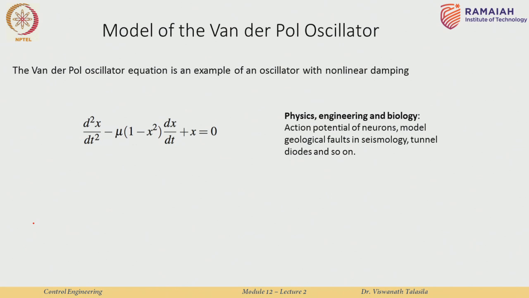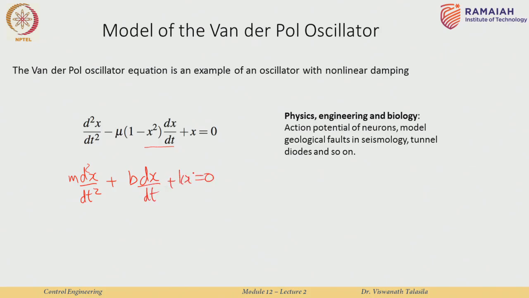Okay. So let us move on to another example, the van der Pol oscillator, and this is basically an example of an oscillator with nonlinear damping, which you can see in this particular term over here. If you think of this as a mass spring damper or an RLC circuit, roughly speaking this would look something like m d square x by dt square plus b dx by dt plus kx equal to 0.